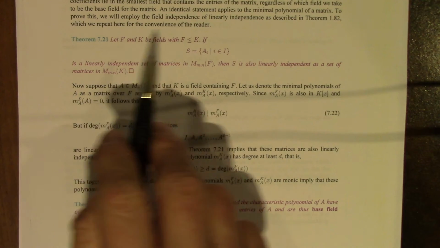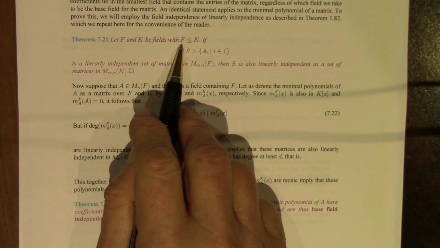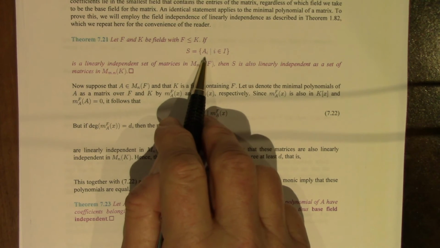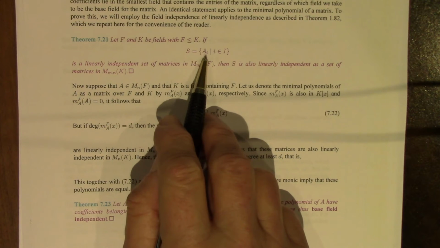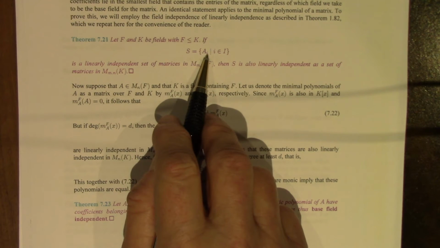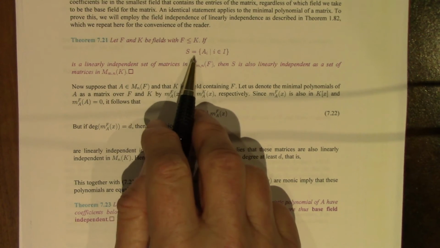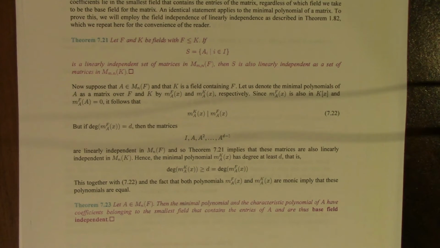Let F and K be fields, and let K be an extension of F. If S is a set of m by n matrices over the smaller field F, then if this set is linearly independent over F, it's also linearly independent over the bigger field K. It's conceivable that if you have more scalars available, you might be able to find a non-trivial linear combination that's equal to 0. And this is saying you can't.